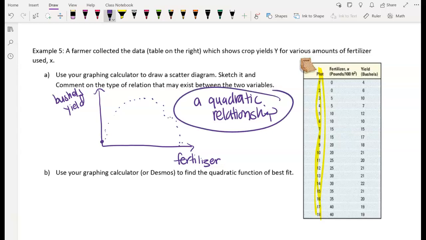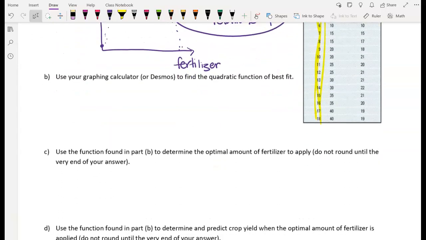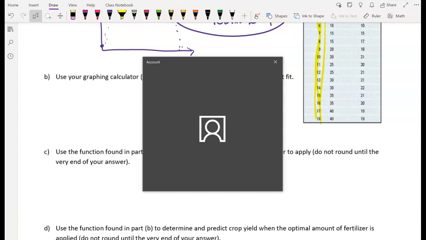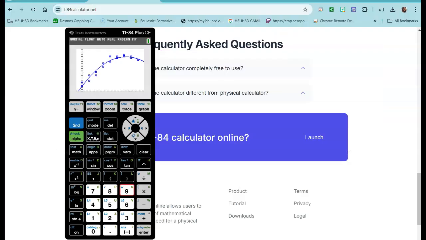Use your graphing calculator or Desmos to find the quadratic function of best fit, which, guys, we already found. So let's go back to my calculator. We ran it already: stats, then calc, then quad regression, which is number 5, and hit calc.